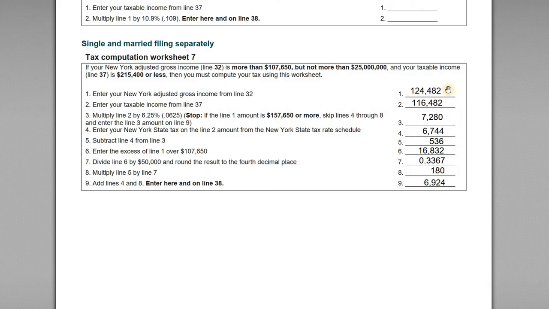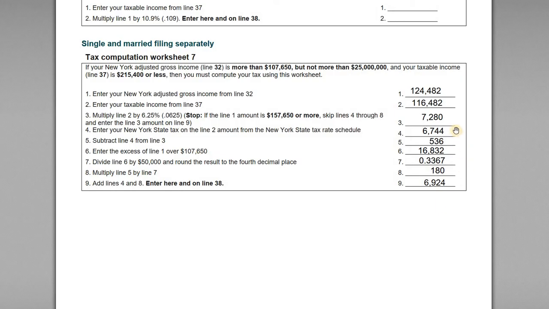So the excess of 124,482 over 107,650 is 16,832. Divide line 6 by 50K, we get 0.3367. And then multiply line 5, 536, times 0.3367 gives us $180.